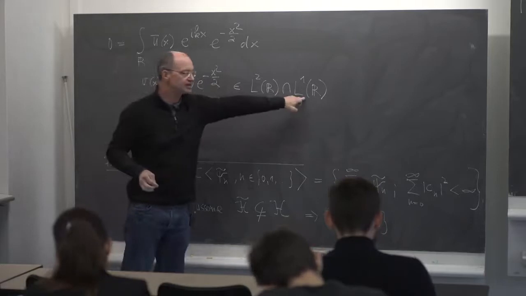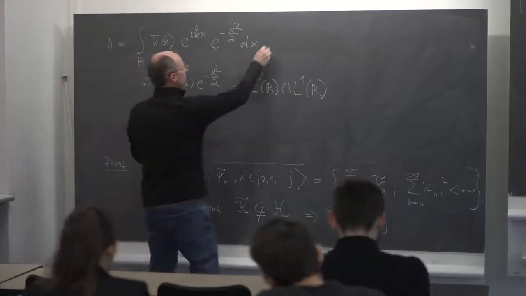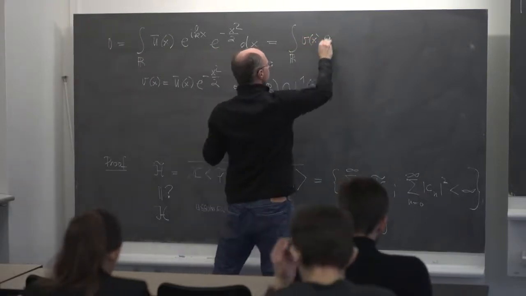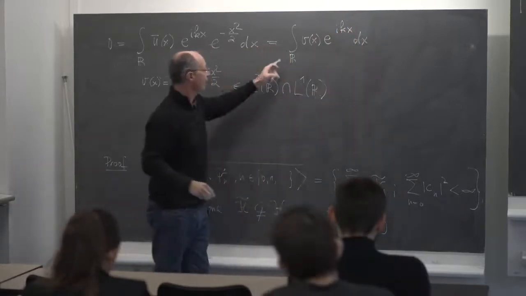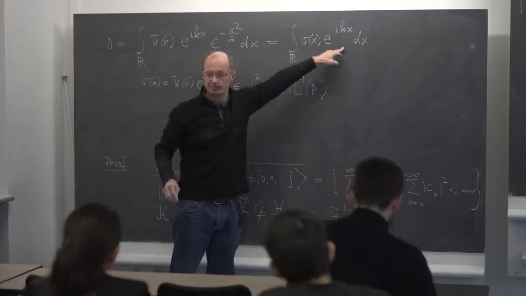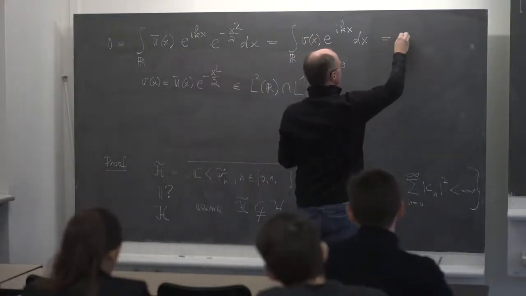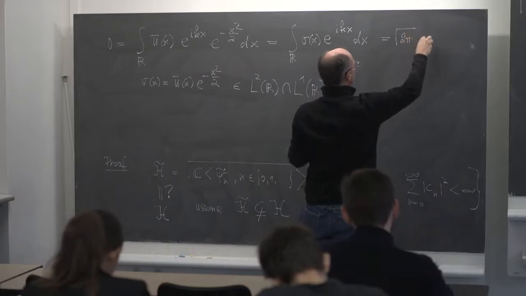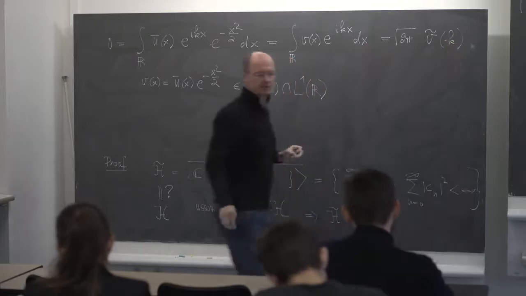But now, since this guy is in L1, I can rewrite this expression as an integral over R, v of x e^{ikx} dx. And all of a sudden, this defines a Fourier transform of this function v of x. So this is, I think, square root of 2 pi, if I'm not mistaken, times the Fourier transform.